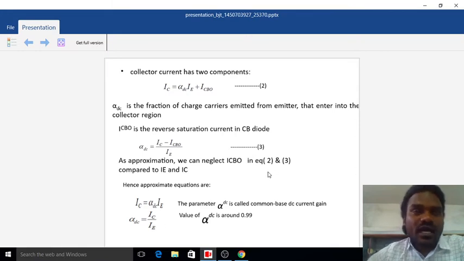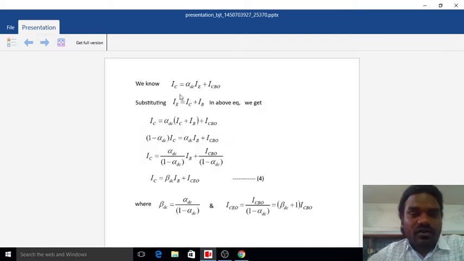As we know, the collector current is given by IC is equals to alpha DC IE plus ICBO. Based on this equation, we are going to study all the possible currents through the transistor. Then by the Kirchhoff current law, we have IE is equals to IC plus IB, so I can substitute here IE is equals to IC plus IB, so that IC is equals to alpha DC, IE is nothing but IC plus IB, plus ICBO.